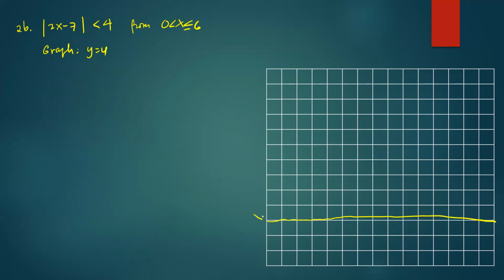So this is our x-axis. Okay. And let this be our y-axis. Okay. So y is equal to 4 is 1, 2, 3, 4. So this is where y is equal to 4 is.